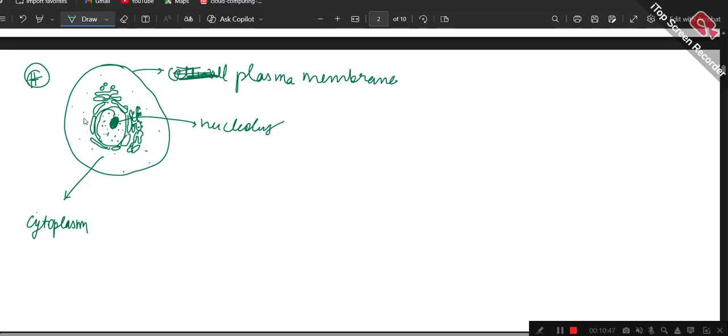Then we have mitochondria as well, right? In the case of a prokaryotic cell, a plasmid can be found. We have lysosomes as well, which are known as the suicidal bags of the cell, lying around here and there. We can have cell sap as well. Some vacuoles can also be present.